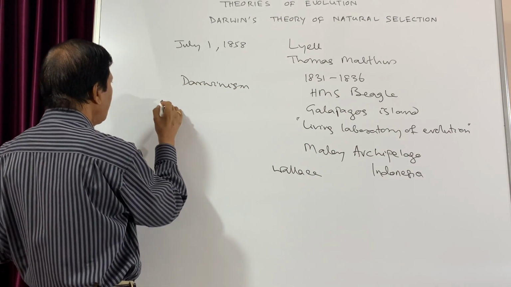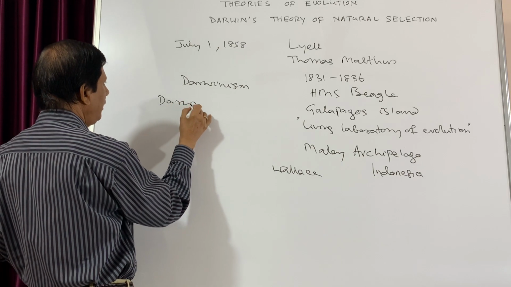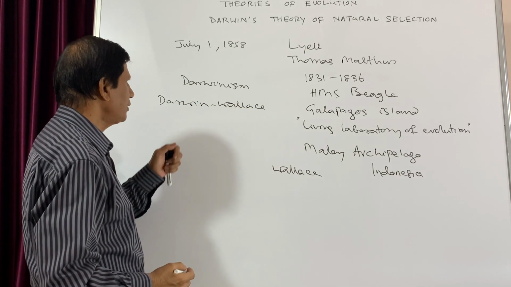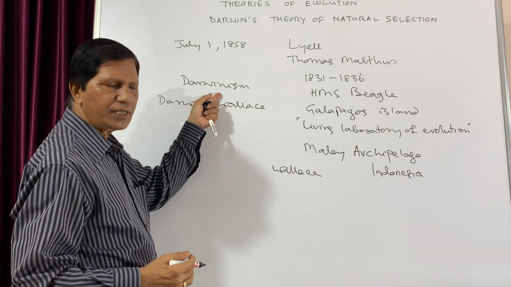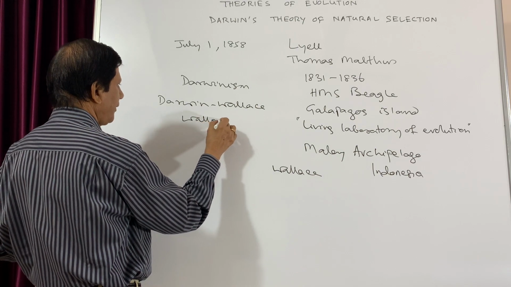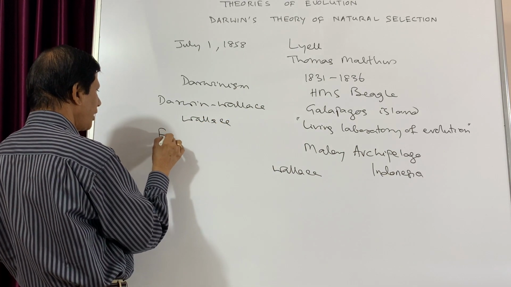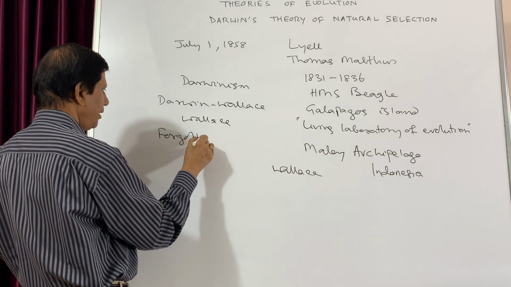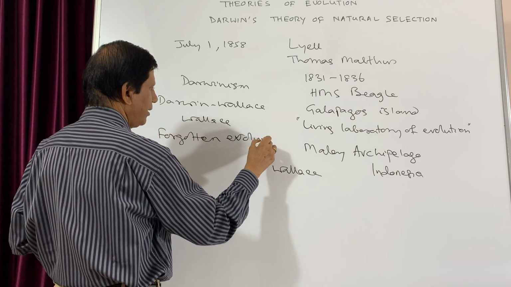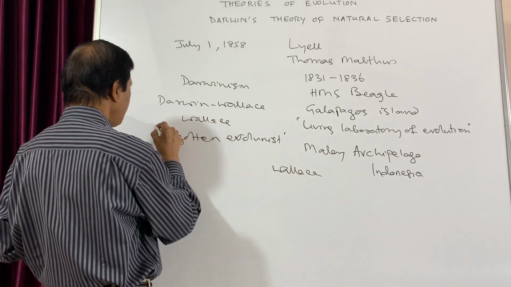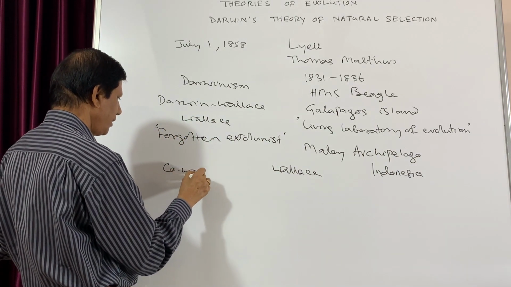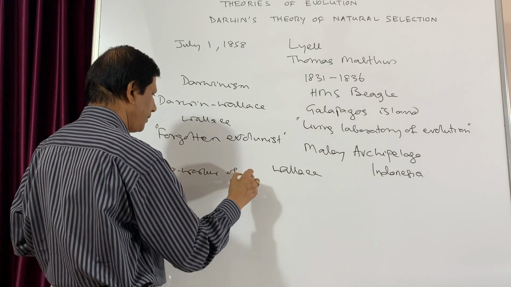Though some people call it the Darwin-Wallace theory, because it is known as Darwinism, Wallace is sometimes called the forgotten evolutionist, or somebody calls him a co-worker of Darwin.